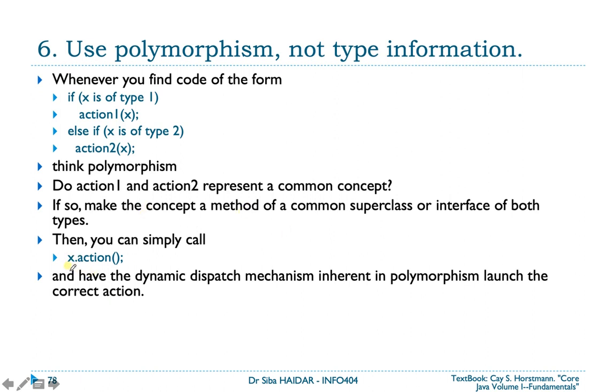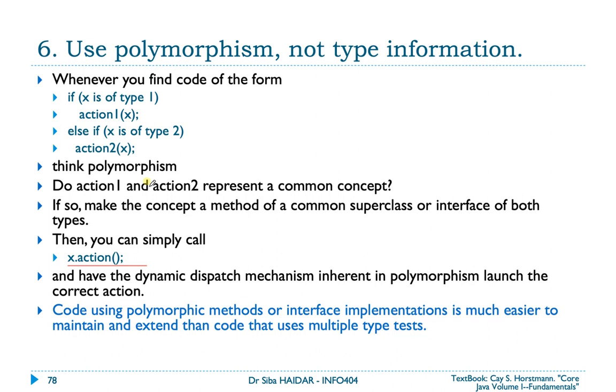Then you can apply X.action, and using dynamic binding and the dynamic dispatch mechanism inherent in polymorphism, launch the correct action, as we can see in the getSalary method at the beginning of this chapter. Code using polymorphic methods or interface implementation is much easier to maintain and extend than code that uses multiple test types, and the explanation is obvious.